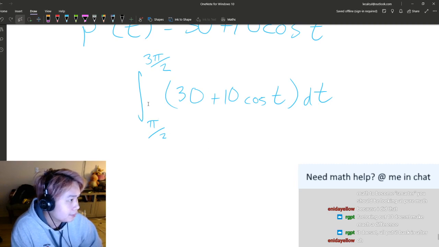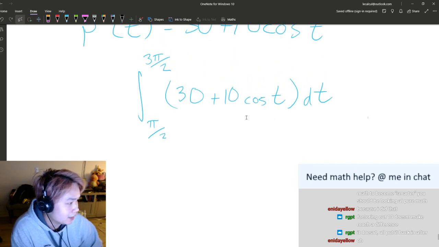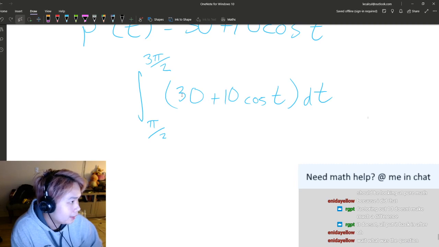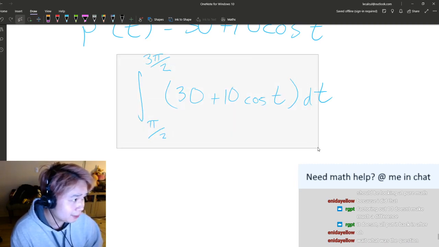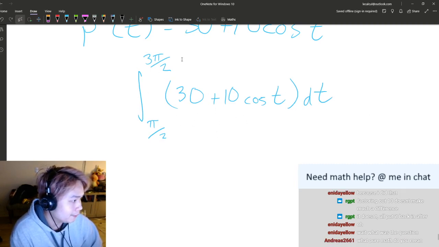So, are you unsure of what to do from here? Are you okay with how this represents the amount of likes you'll get? Because from here you're just evaluating this integral, which is pretty straightforward. Do you get where this integral comes from and why this represents your answer? Because this is the hard part.